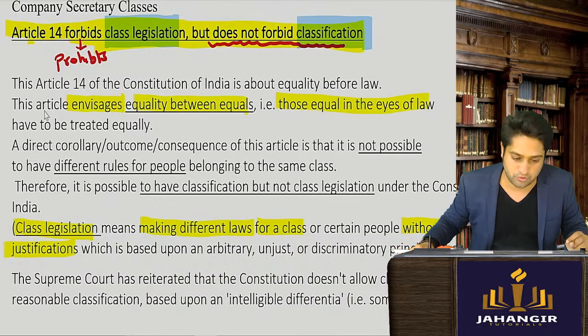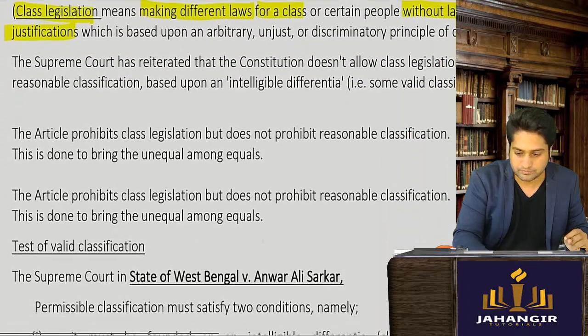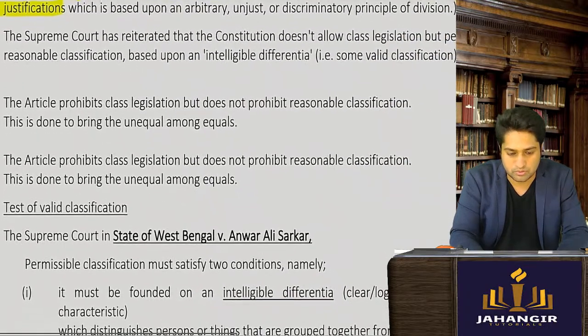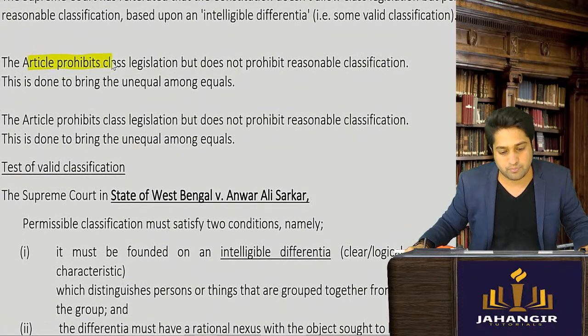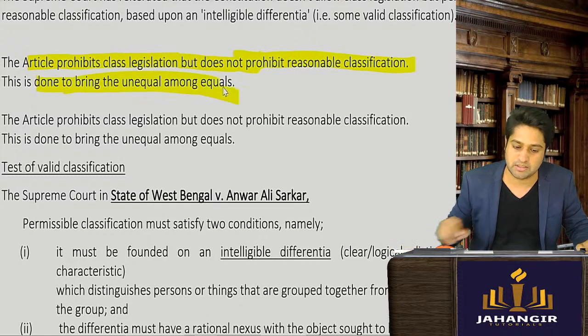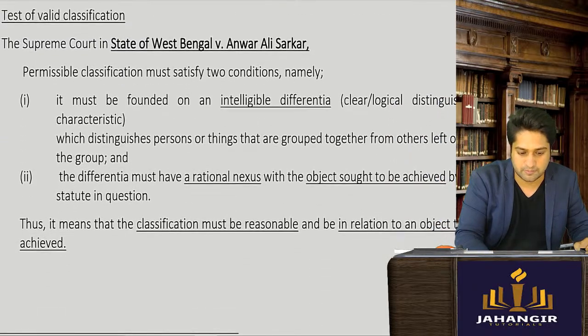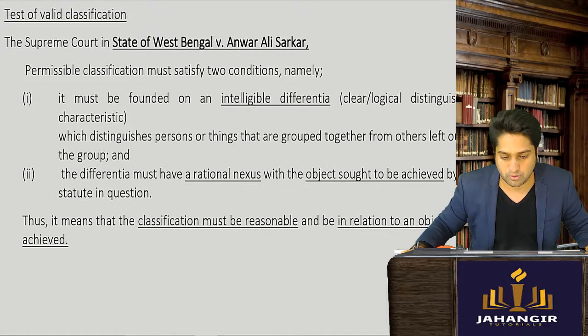Those equal in the eyes of law should be treated equally. Okay. Now coming to the part where the Supreme Court has come in. The article prohibits class legislation but does not prohibit reasonable classification. This is done to bring the unequals among equals. Now very, very important, the case law which you need to quote.